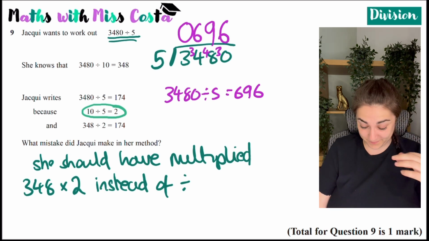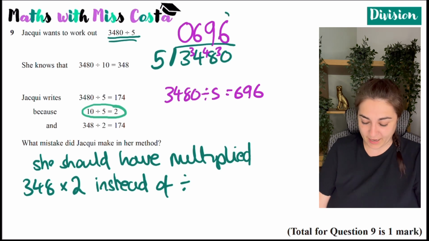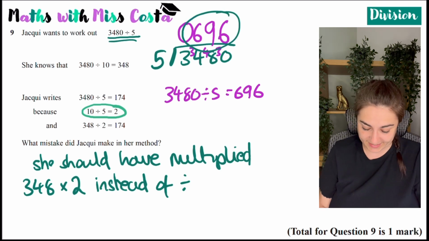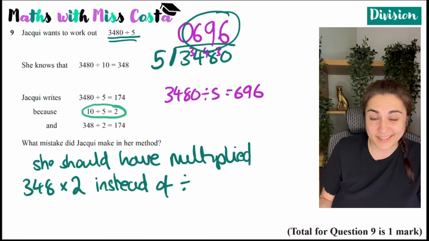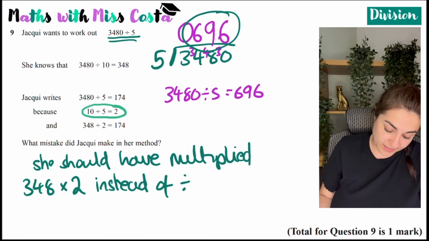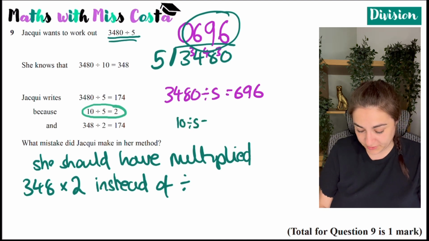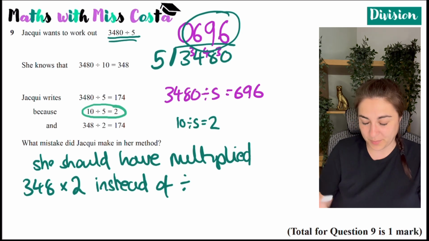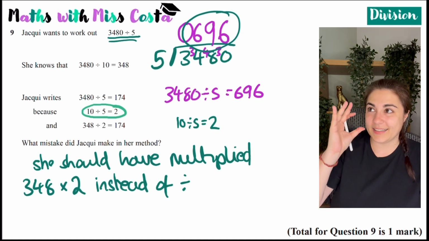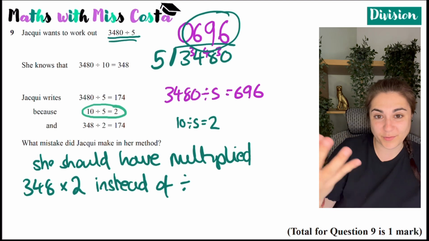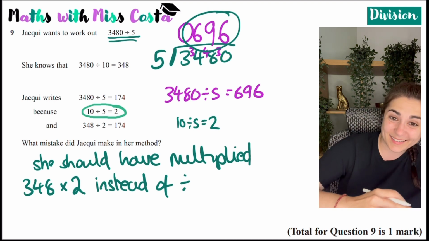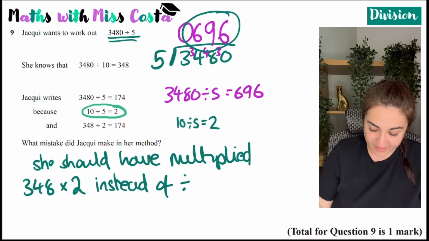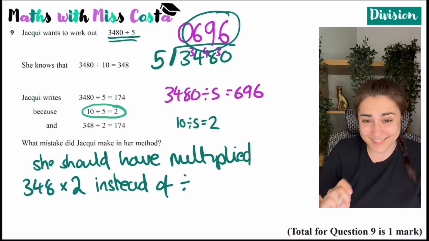Maybe I'm being dim, but if you worked it out for yourself, you know that it's 696. 348 is half of 696. So what she tried to do is she knows that 10 divided by 5 is 2, but dividing by 10 gives you half of the answer that dividing by 5 would give you. So you actually need to double it. I'd be interested to know how many people got that.